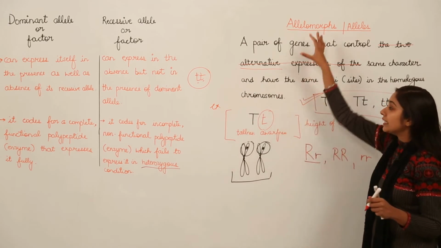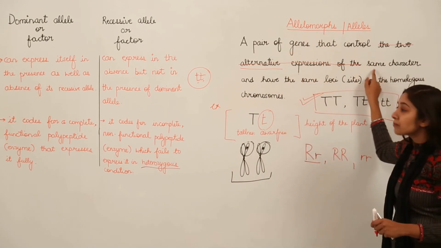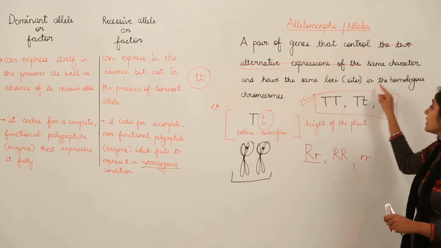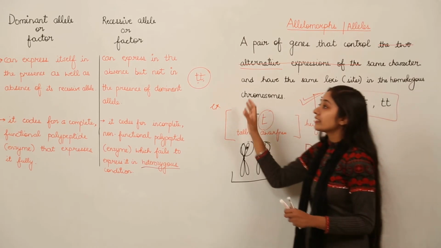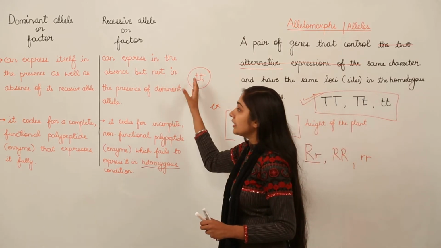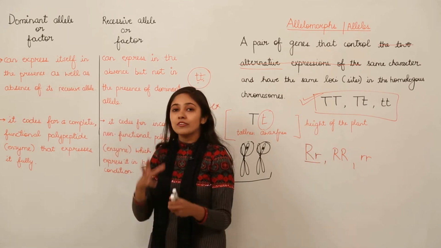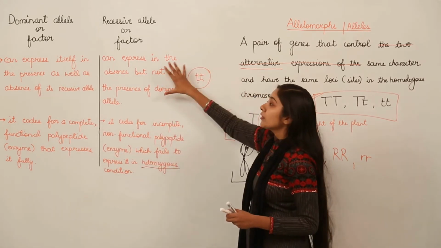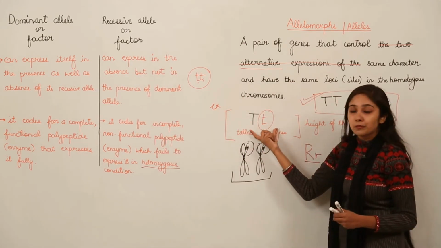Let us recall what alleles are. Alleles are a pair of genes that control the same character and have the same loci or sites in the homologous chromosomes. You can cite a few examples. And then the difference between dominant allele and recessive allele: the dominant allele is going to express itself no matter the presence of a recessive allele, but the recessive allele is not going to express itself in the presence of a dominant allele. You know how this can be expressed.